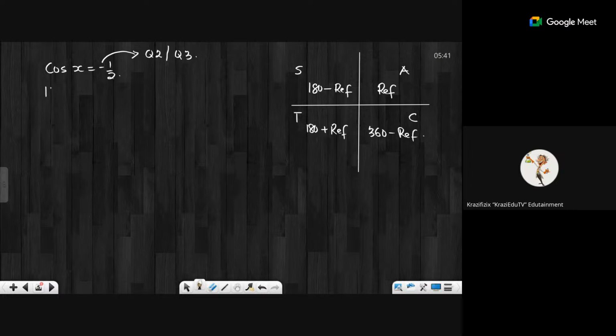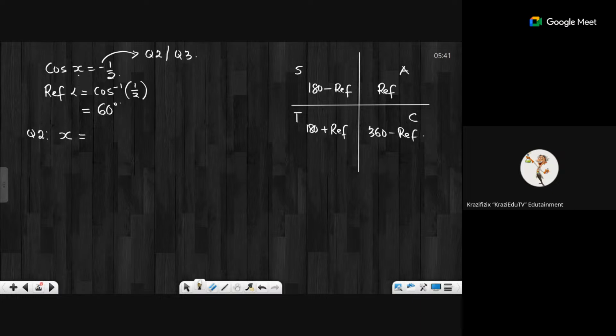Now I would be looking for my reference angle, and that will be equal to the arc cos. You see, I am not putting the negative anymore. Put that in your calculator, you should get 60. All right, 60 degrees. Now I know I am working in quadrant number 2. What are we solving for? We're solving for x.